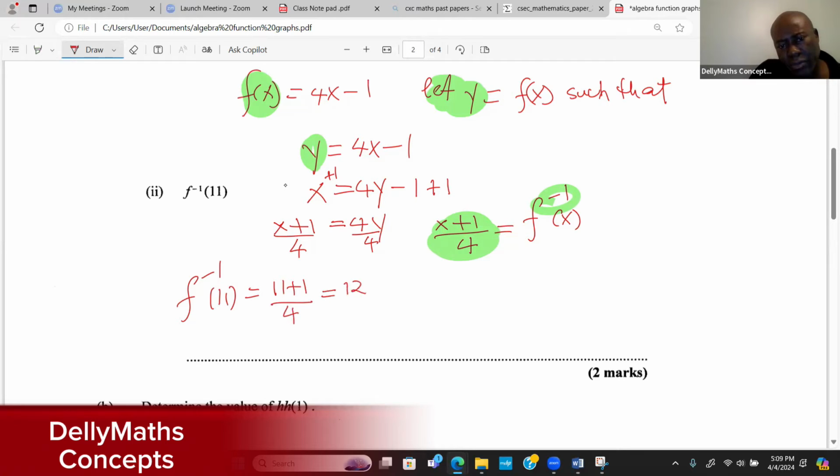This is 12 over 4, which is 3. I could respond by saying the inverse of f of 11 is 3. There we have it. Let's see what the other question is.